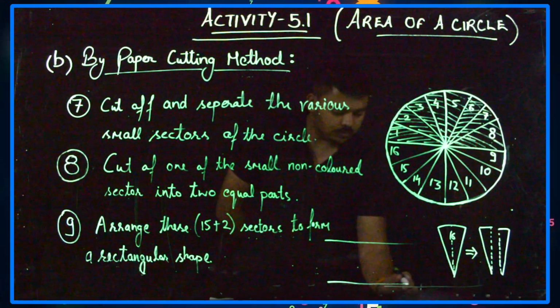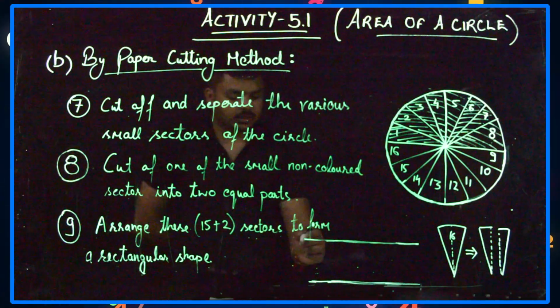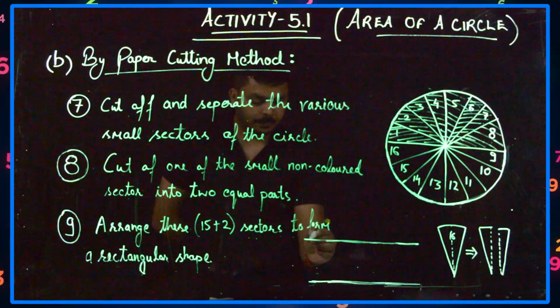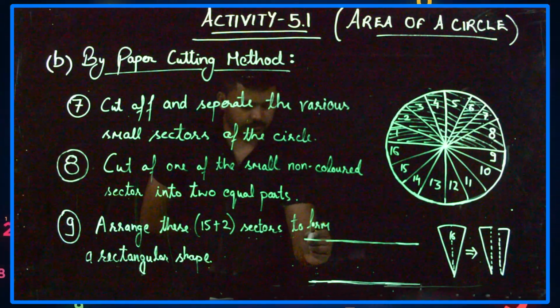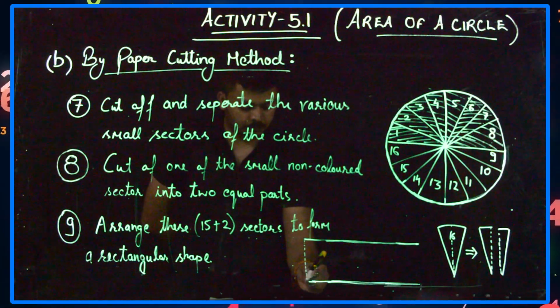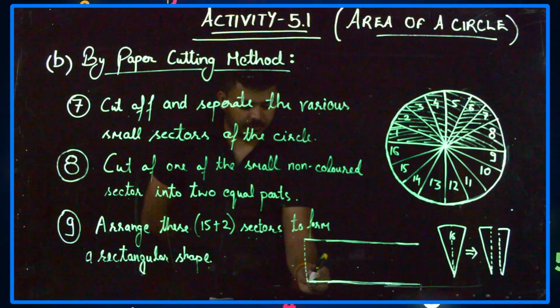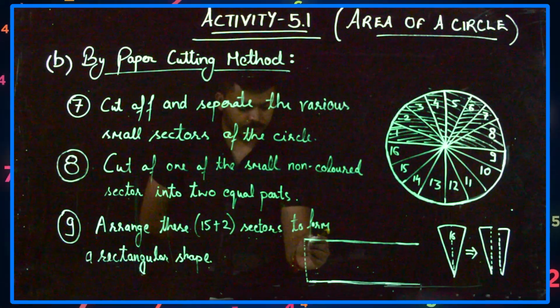So suppose we are arranging the sectors in a way that at the ends we are placing these 2 sectors, that is, the sectors we have put into 2 halves.